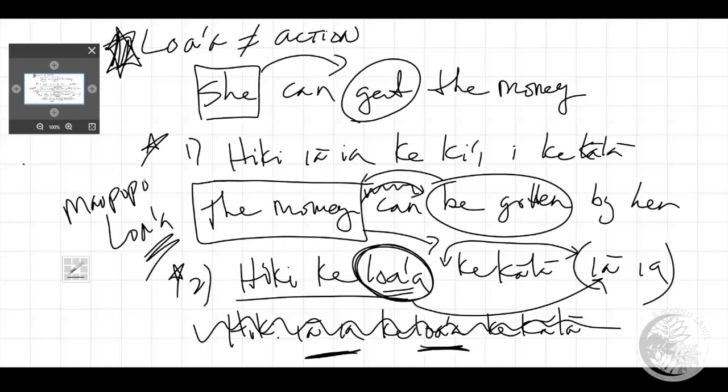Lilo, paʻa, pau are all done in the same way. Again, these are all aʻo. So anytime we use these, again, just to review, if it's an aʻo, which is a stative verb, it's always the second example. Mahalo.